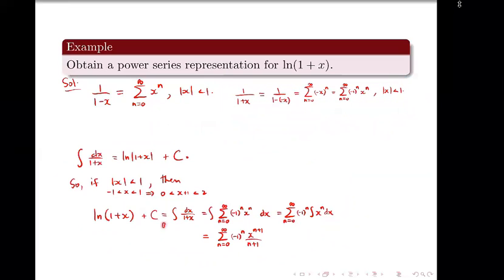The equality holds for this case, absolute value of x less than 1. The equality holds. This is constant, whatever your x is.